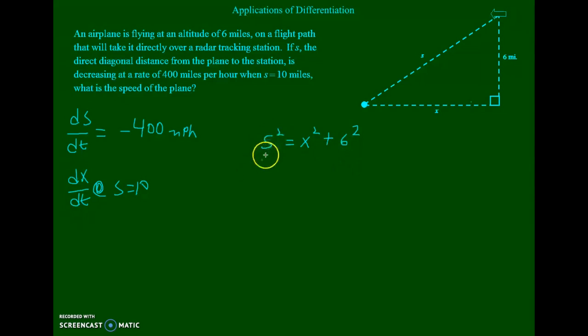So the derivative of this with respect to time is 2s ds/dt equals 2x, that's the derivative of this, dx/dt, and the derivative of this is simply 0.